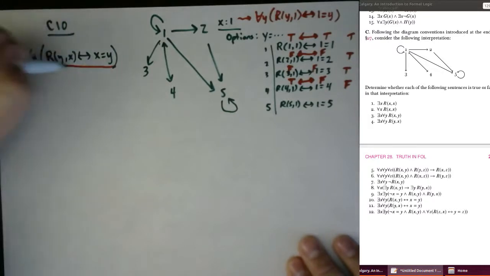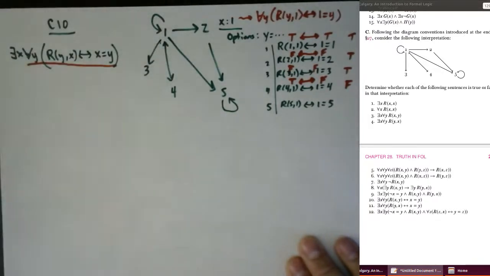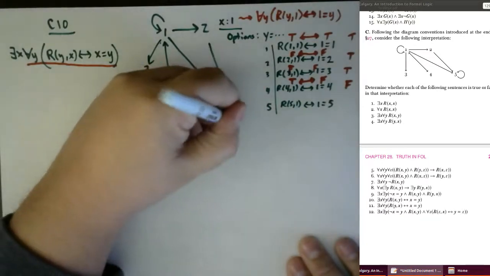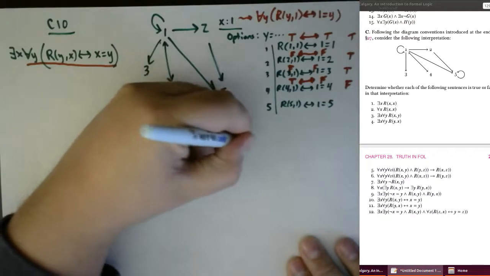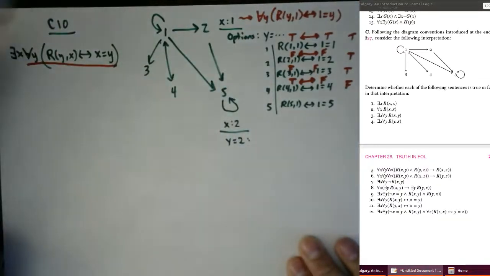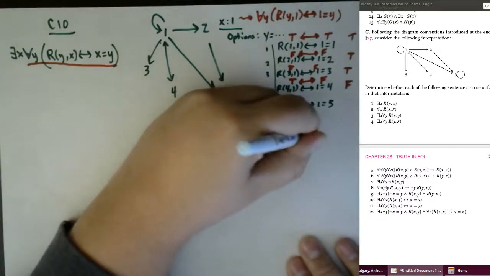Now, if you think about this sentence, you can easily rule out 2, 3, and 4. Why? Let's look. If x were 2, and I let y equal 2, then what I need to be checking is, if x and y were both 2, R2, 2, if and only if 2 equal 2.